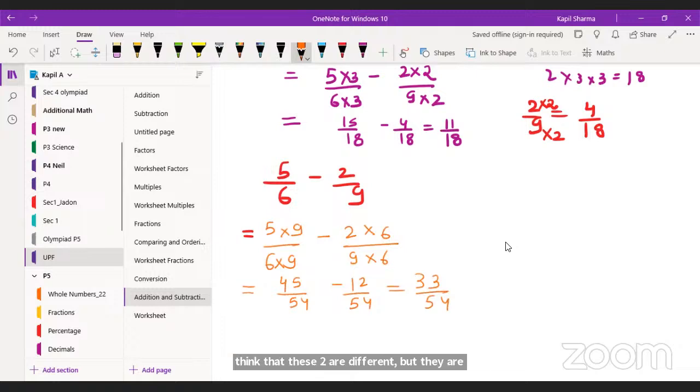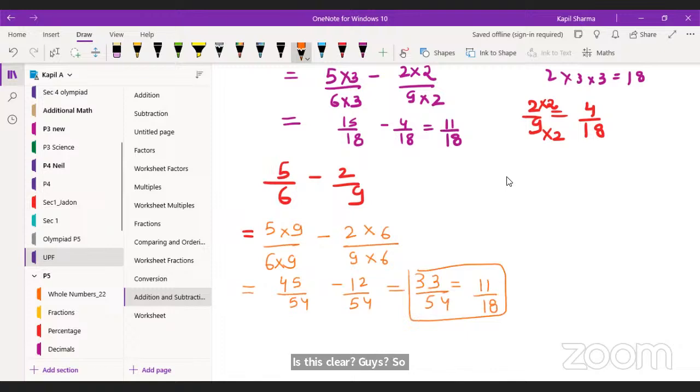If you look carefully, these are equivalent fractions. 33 over 54 is the same as 11 over 18. Is this clear, guys? There can be different approaches here, but the idea is the same. We need to ensure that the denominators become the same. Once the denominators are the same, we have like fractions, and we can easily add and subtract the numerators.